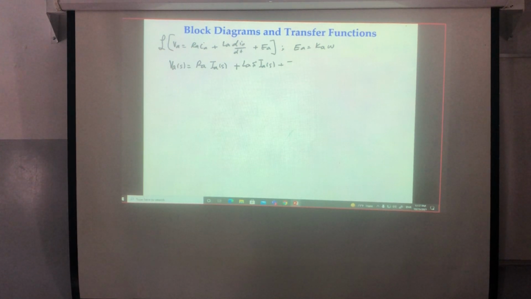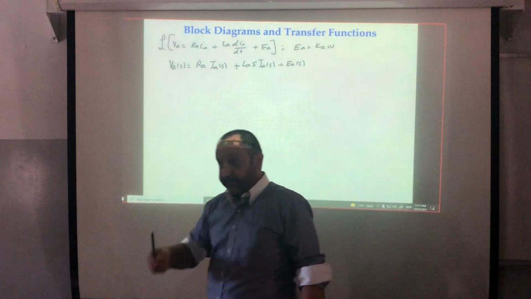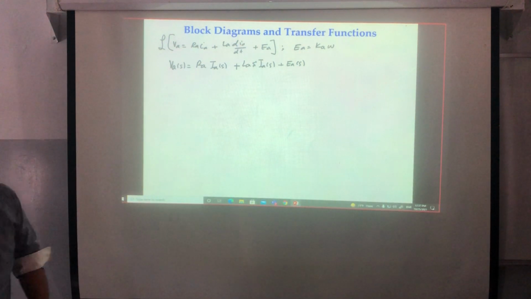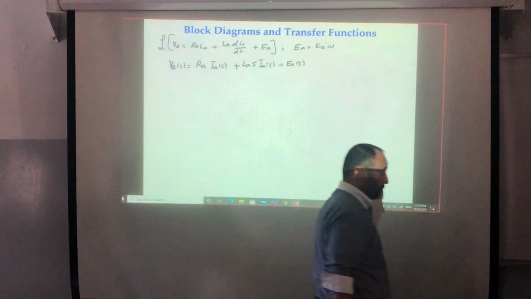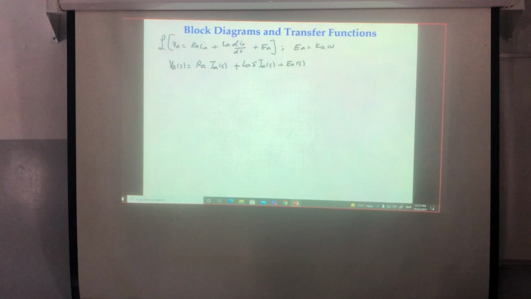And here plus EA of s. Now I need to solve this equation with respect to IA. Is it difficult? No. So simply IA is equal to VA minus EA over LA s plus RA, correct?